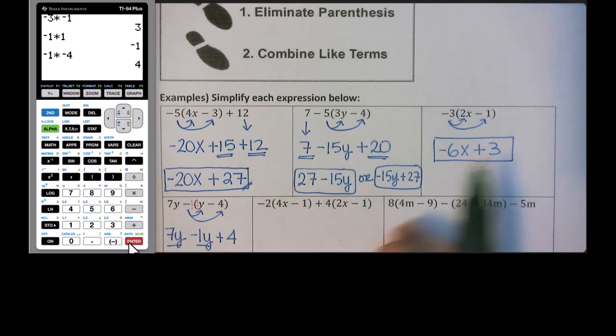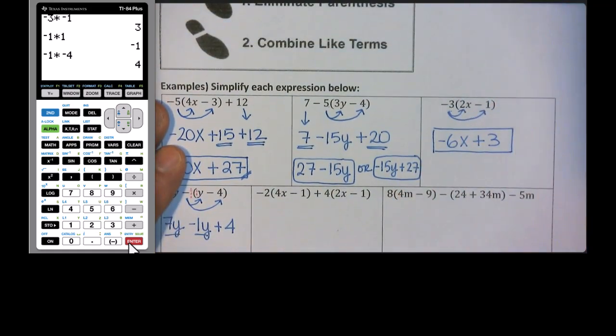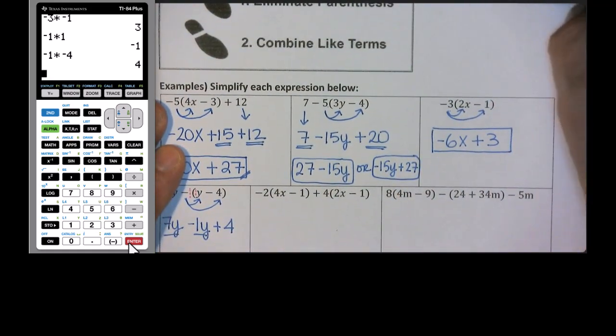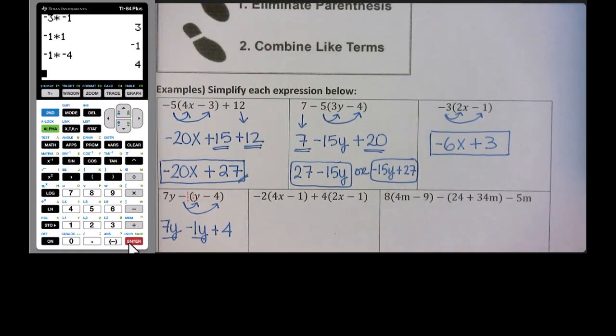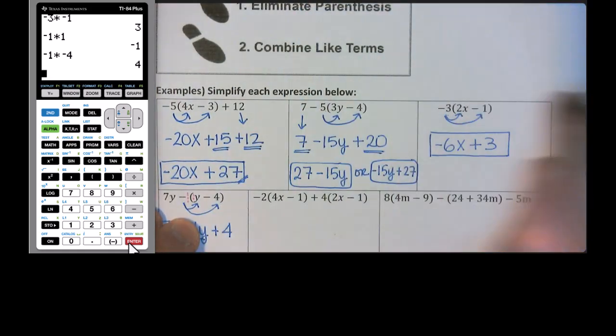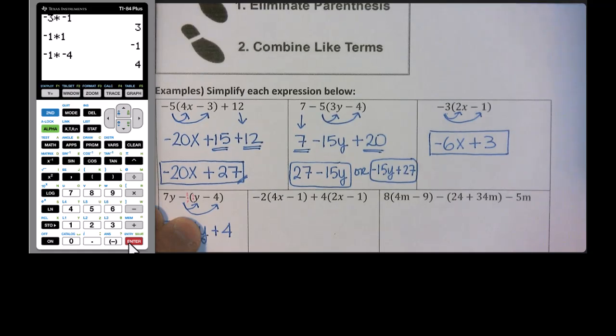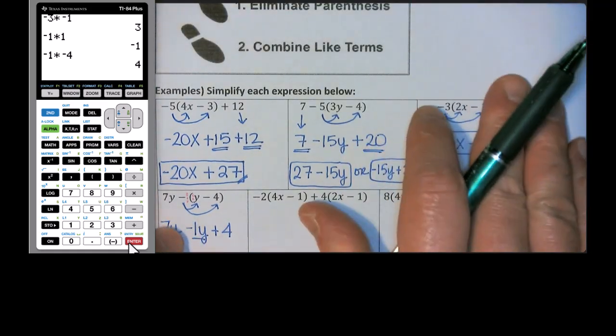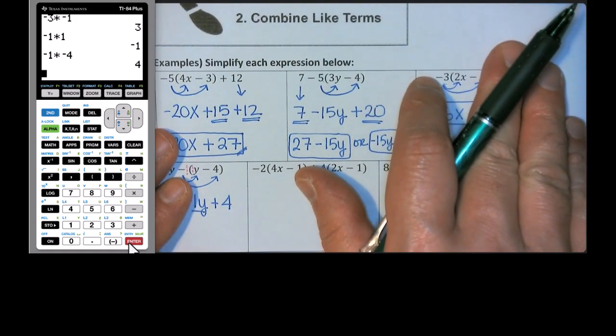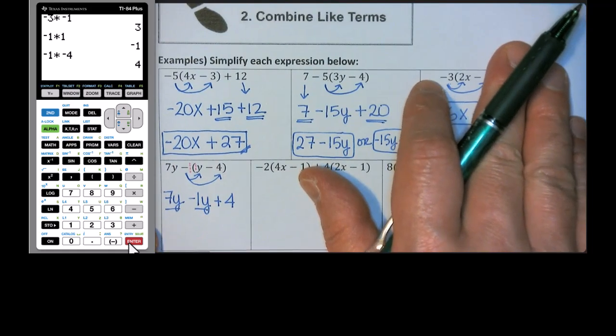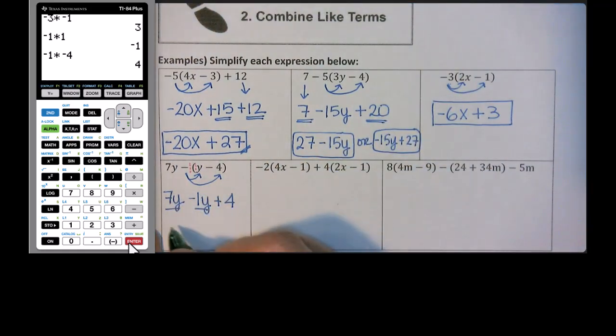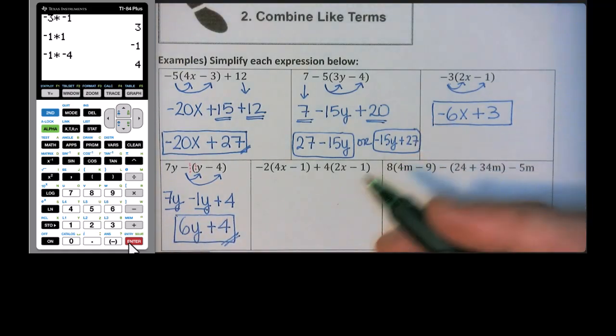We can combine 7 and -1. So 7 minus 1 is 6y, and we bring down the 4. And that's our final answer. All right, let's go on to the next one.